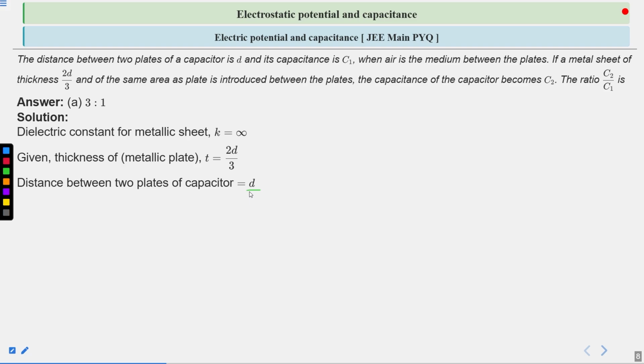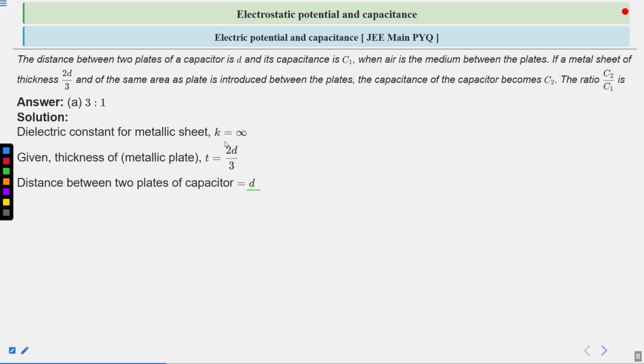So when we see the electric field between the plates of the capacitor, where there is no dielectric, the spaces where a dielectric or any other material is not present, we will take E naught electric field. And for the thickness where some other material is present, we will take E naught by K, where K is the dielectric constant.